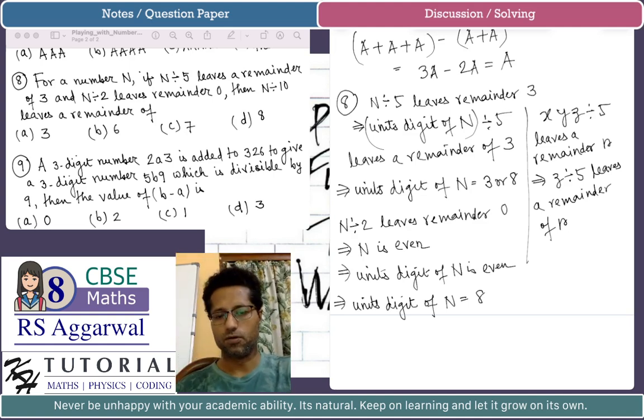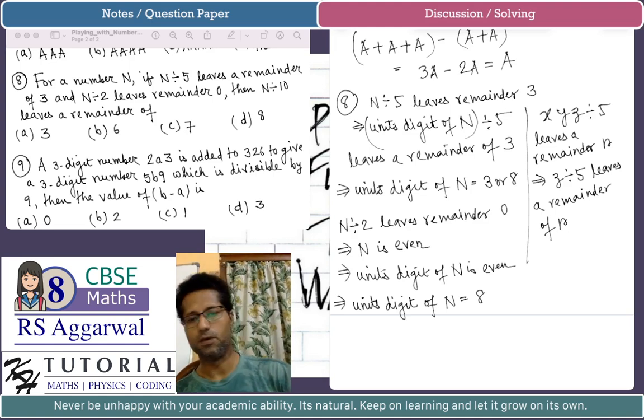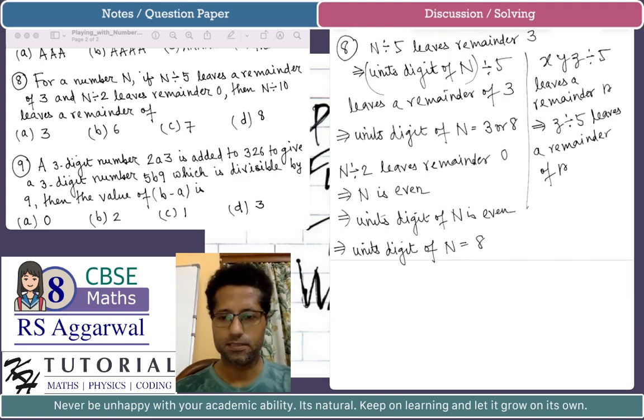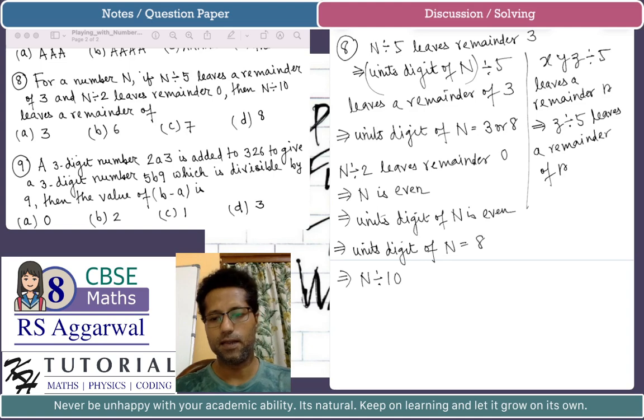So from the two facts that the units digit of n is either 3 or 8, and also the fact that the units digit of n is even, we can say that the units digit of n has to be 8.